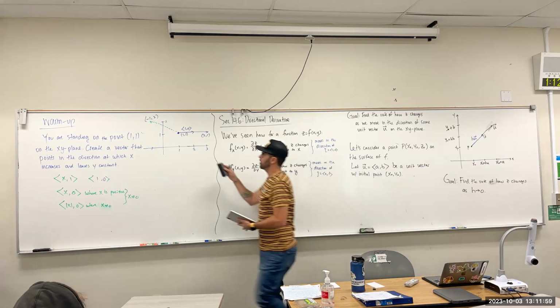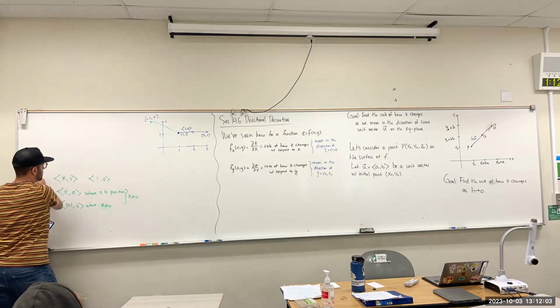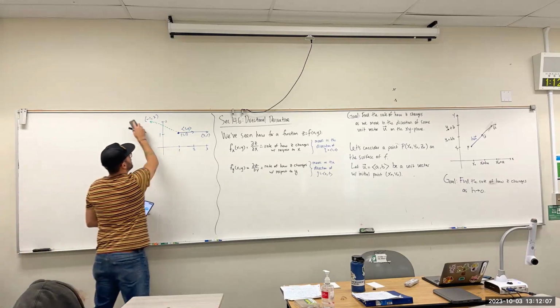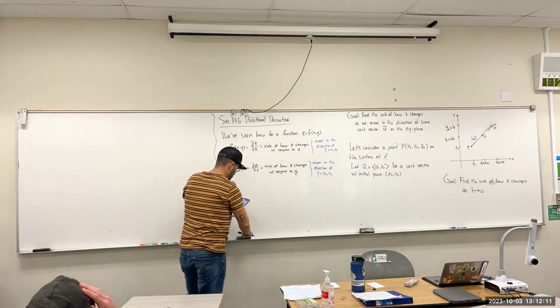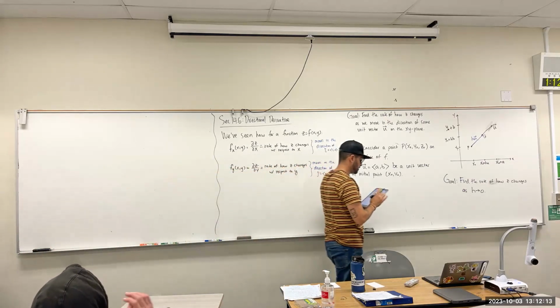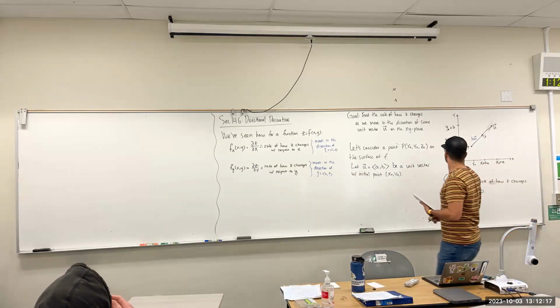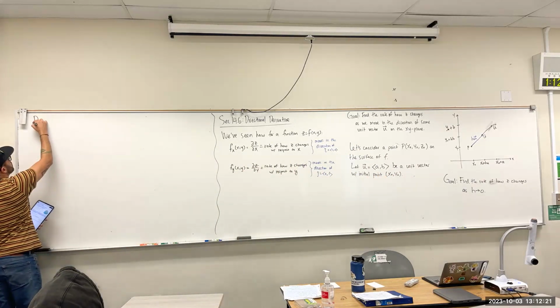As we let h go to 0. So let's see how we're going to do that. Notice that there's a limit involved. Okay, so this is how we're going to define what's called a directional derivative.